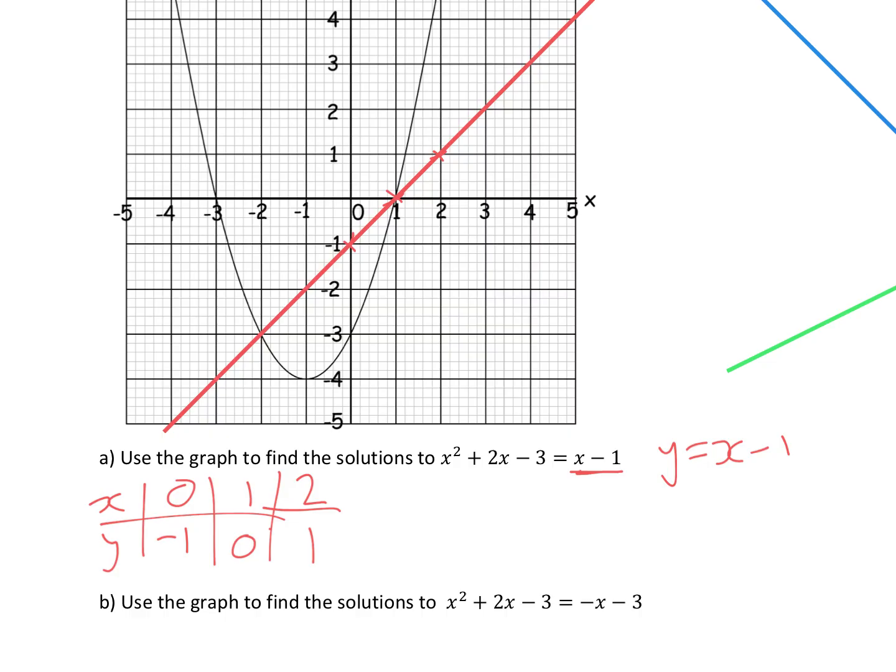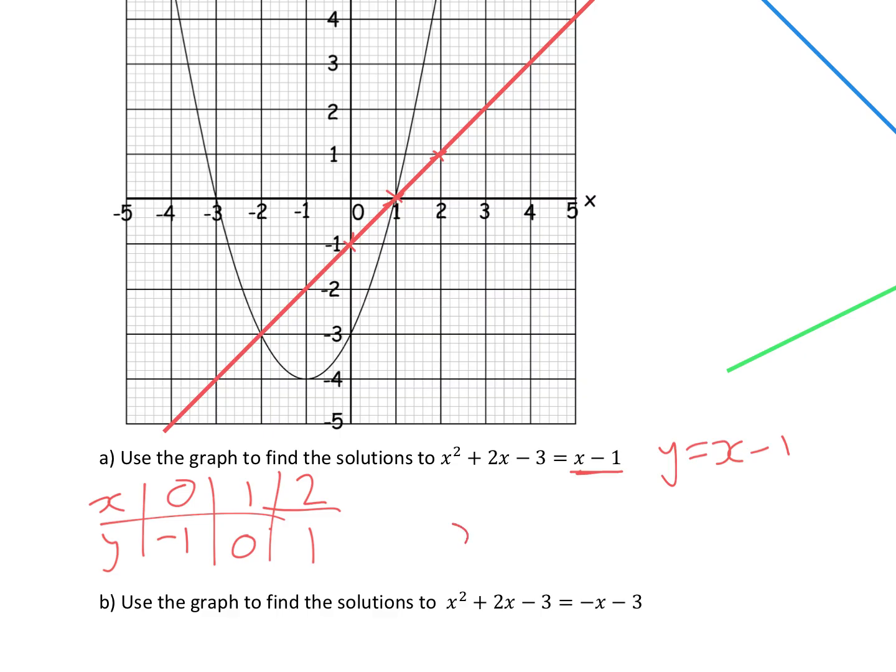So we'll go back to the question. We want to know when this left-hand side, which is this graph, x squared plus 2x minus 3, is equal to x minus 1, which is this graph here. And that's where they intersect, where they cross or meet. So that's the point here where the x value is 1.